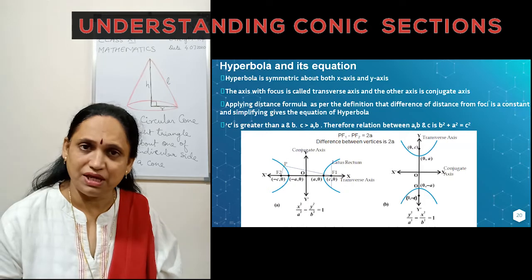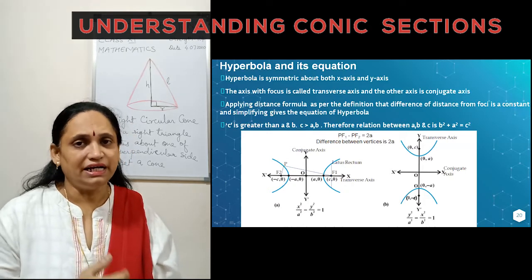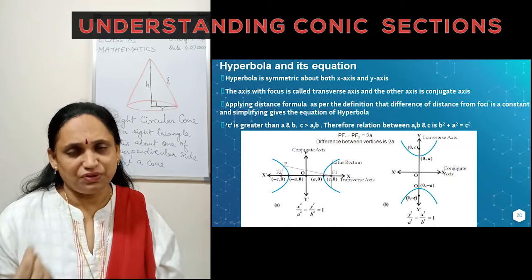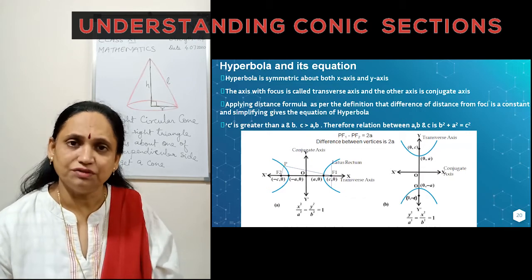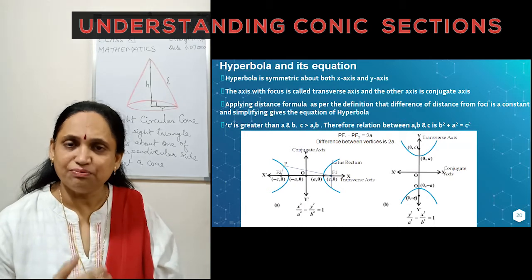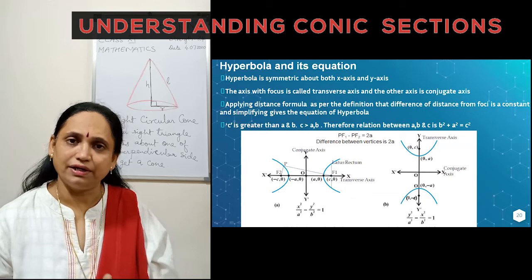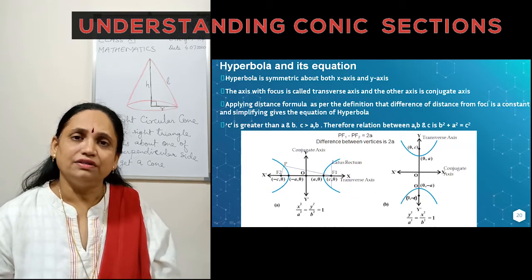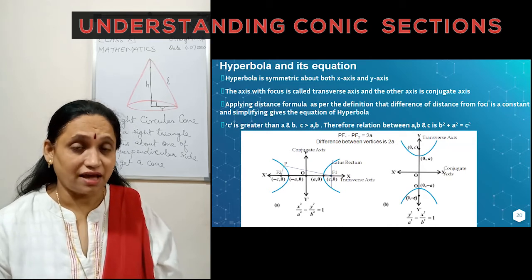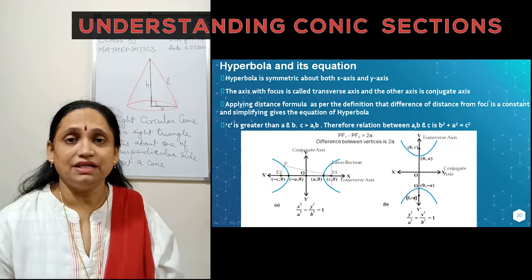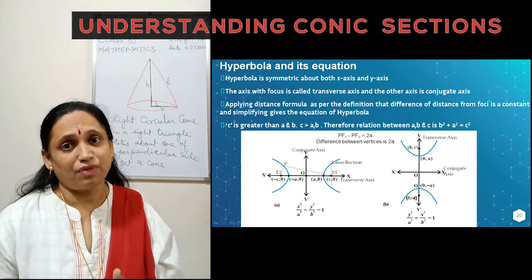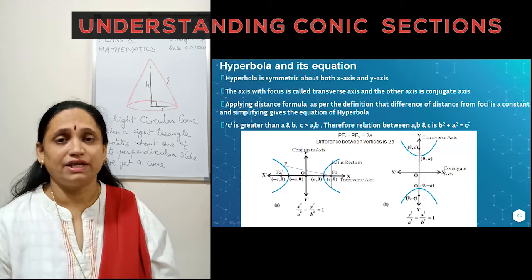We take a point P (x, y) on the hyperbola, take the distance from the foci, PF1 minus PF2, which will be a constant, which would again be equal to 2a in this case also. And when we simplify using the distance formula and solve it, the equation that we get, if the x-axis is the transverse axis, is x square upon a square minus y square upon b square is equal to 1.